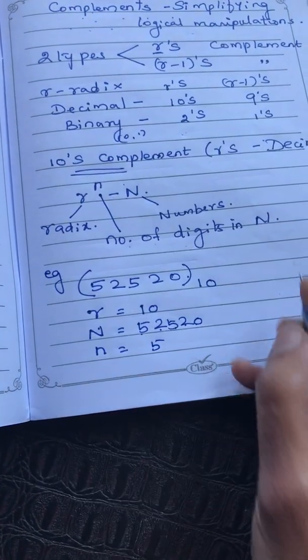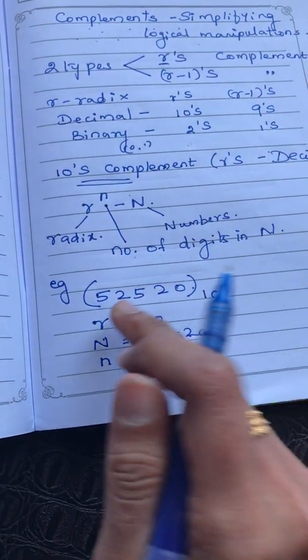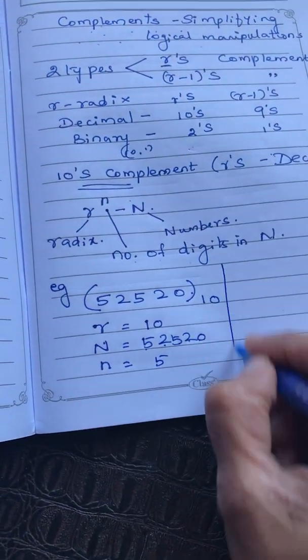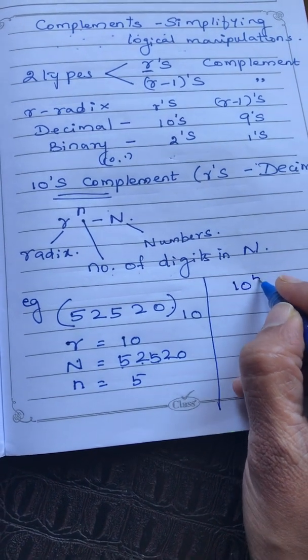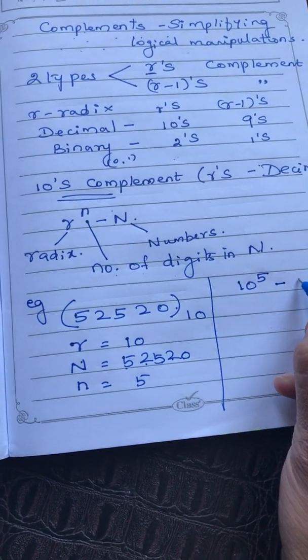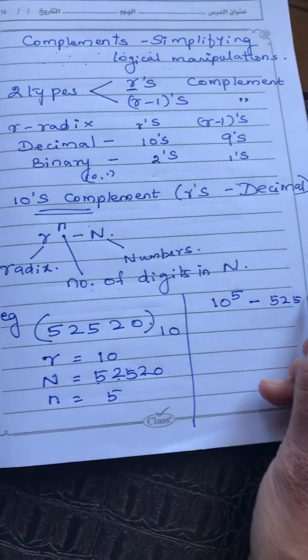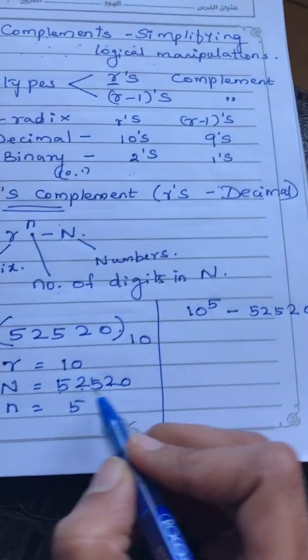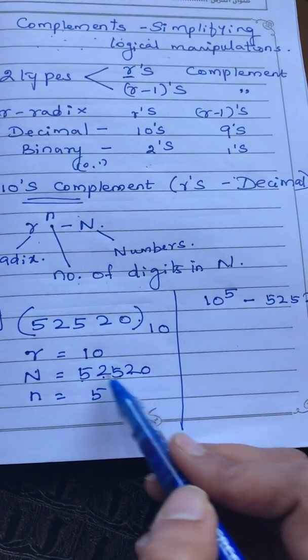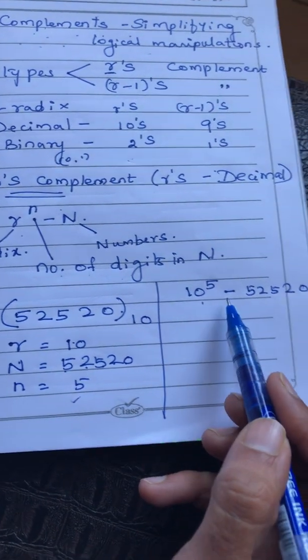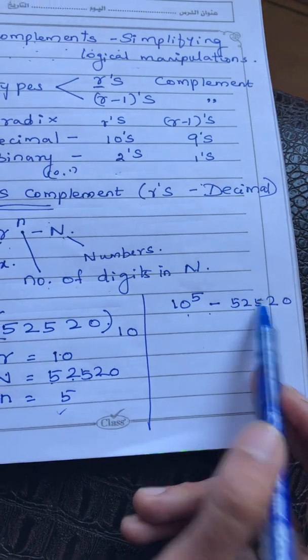So you can find the 10's complement for 52520 as 10 power 5 minus 52520, because this is the formula r power n minus the given number, where r is 10 and n is 5.